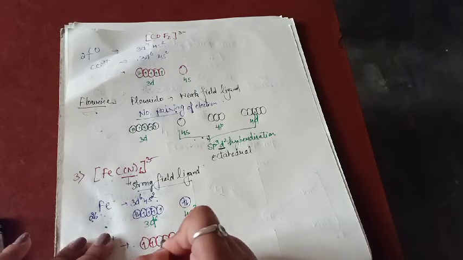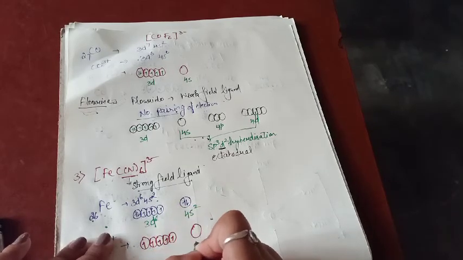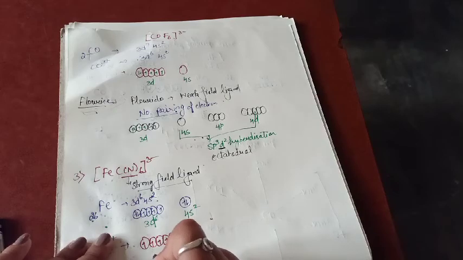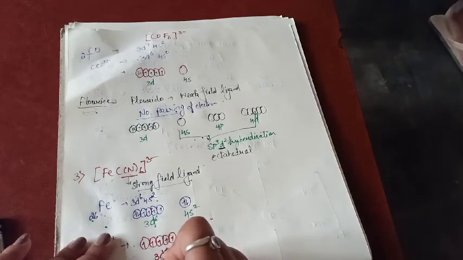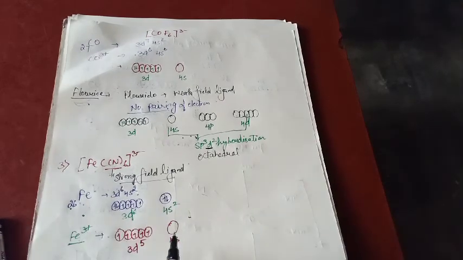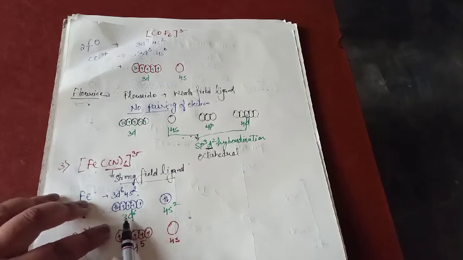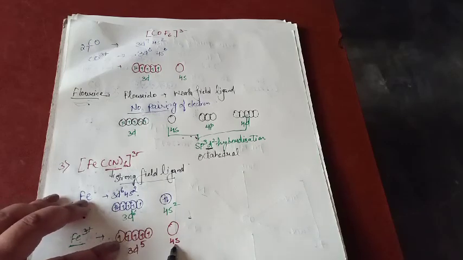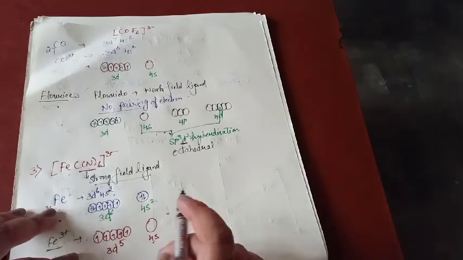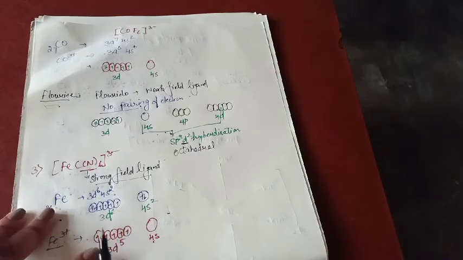So here you can see iron is having what electronic configuration? 3d5 4s0. Okay, 4s is empty, 3d is half filled.